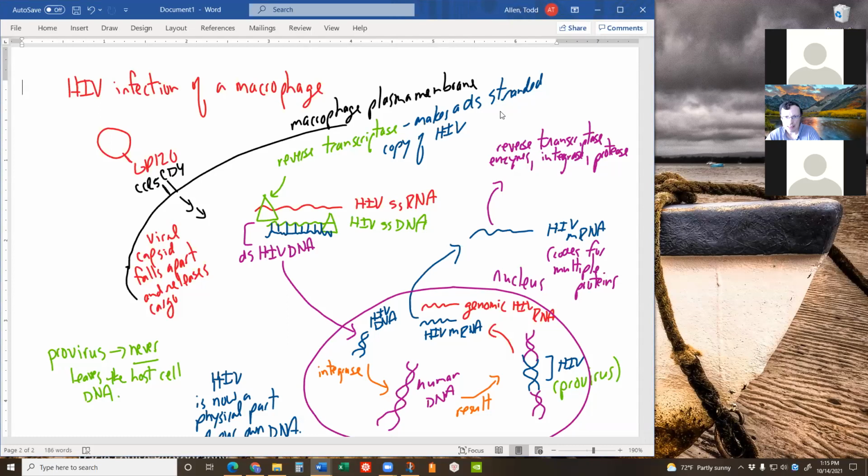So the protein that initially gets made has multiple segments, and I'll indicate that with vertical bars. Here's the polyprotein. The first segment might be the reverse transcriptase enzyme. The middle segment might be the integrase enzyme. And the third segment might be the protease enzyme.